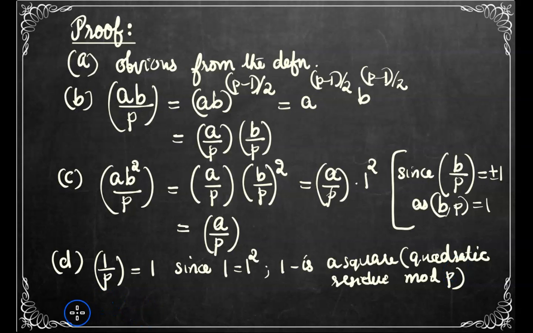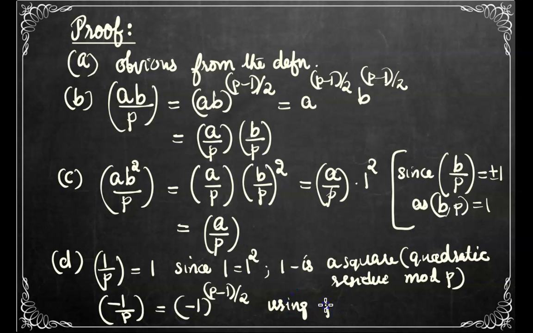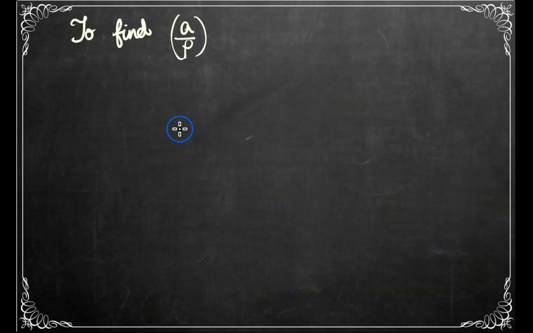So, the Legendre symbol will be equal to 1. Also, we can write (-1/p) as (-1)^((p-1)/2) using the previous proposition.